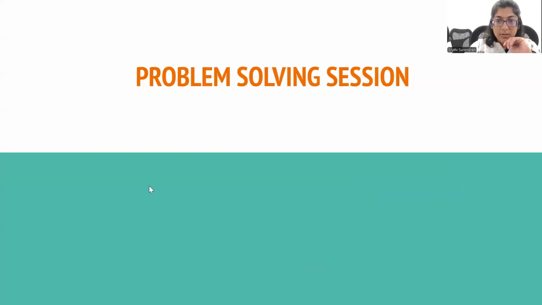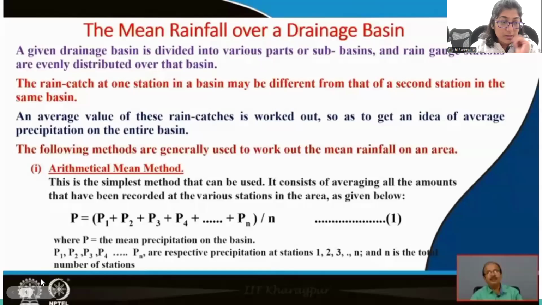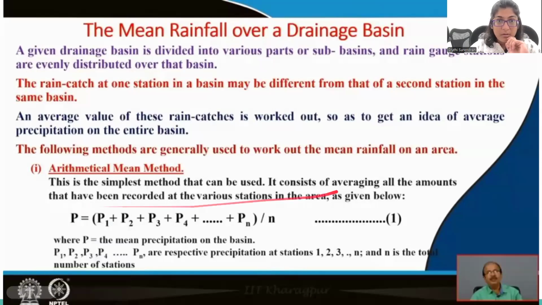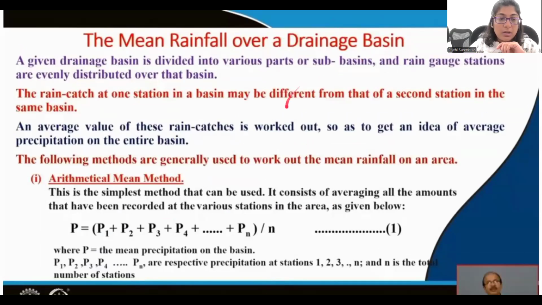We're discussing the different methods of finding the mean rainfall over a drainage basin. The first method is the arithmetical mean method. This is one of the simplest methods.